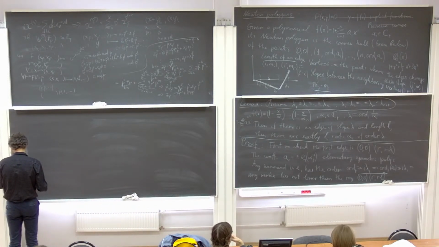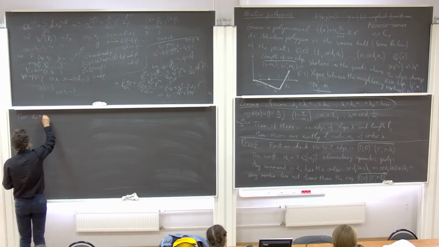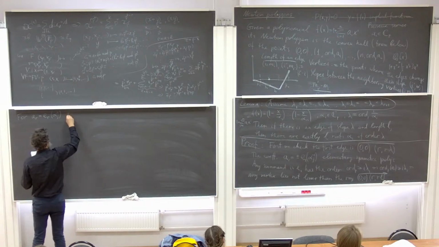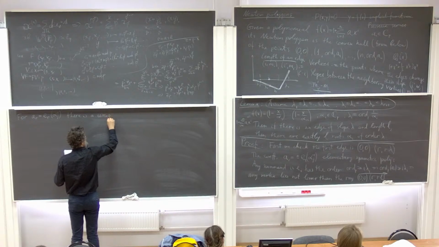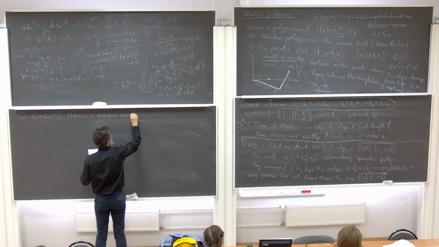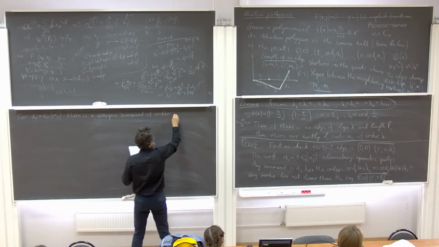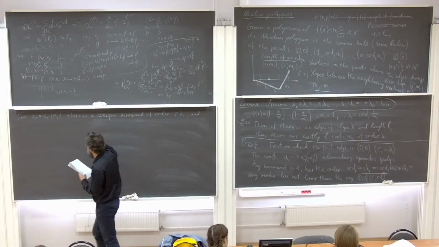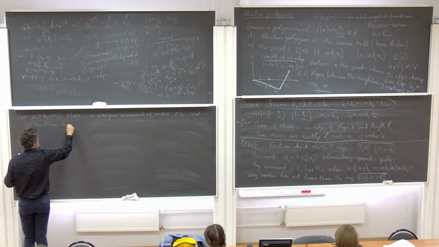Now we know that for A_r, there is a unique summand of order r times lambda 1, and all the others have bigger order.